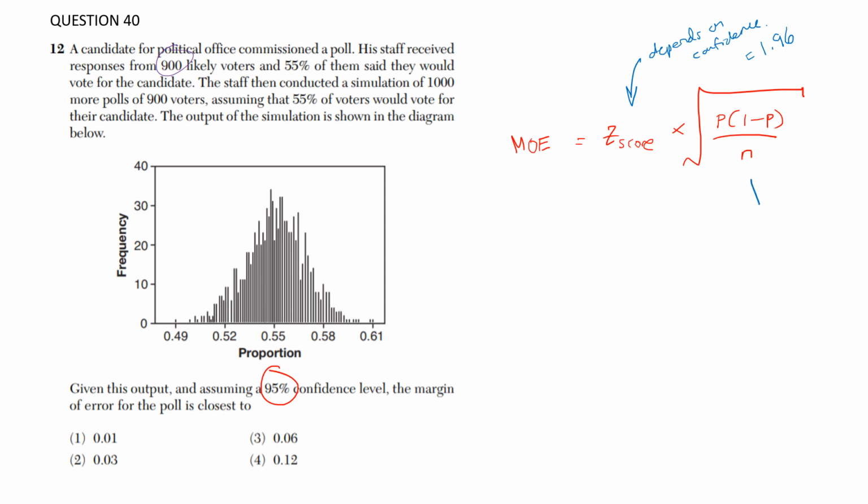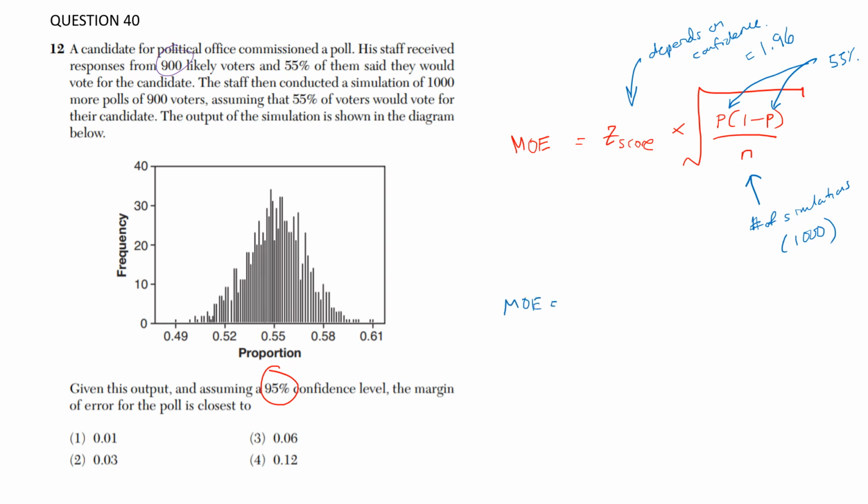Over here, the n represents the number of trials we had, number of simulations, right? So number of simulations, and we have 1,000. P is the proportion that votes for our candidate. This will be 55%. Okay, that's p. So 1 minus p would be 45%. So let's quickly just do that math.